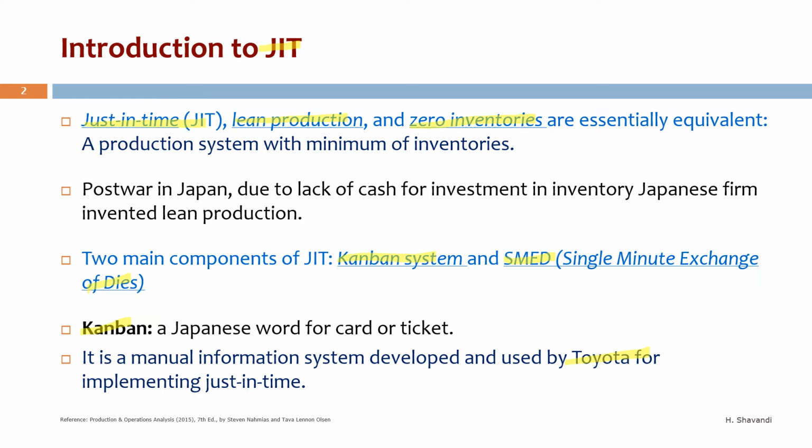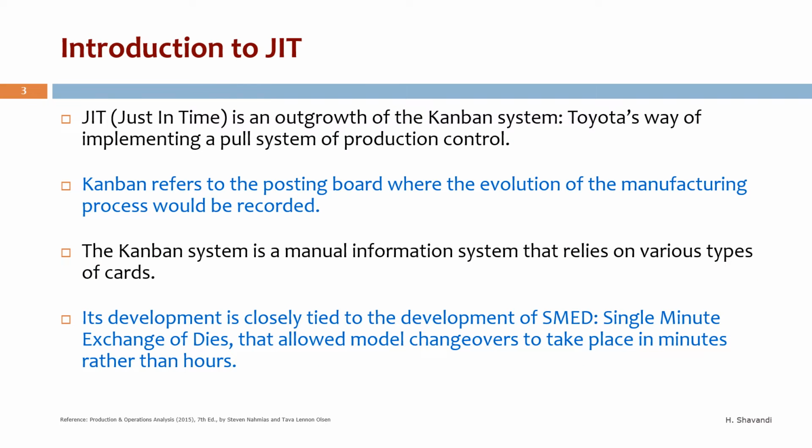We can say just-in-time is the evolution of the Kanban system. In the Kanban system, we have cards, and the information about the process and the requirements are recorded on the card, which then goes through the process. Any update on the information will be recorded on that card. So it's a manual information system.